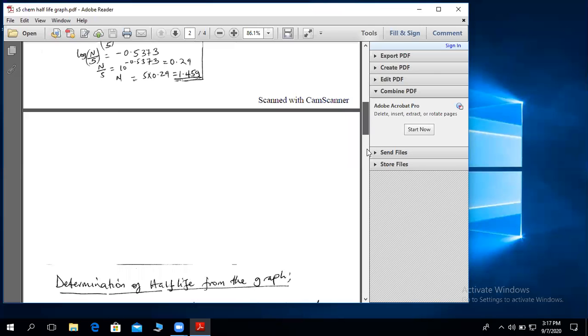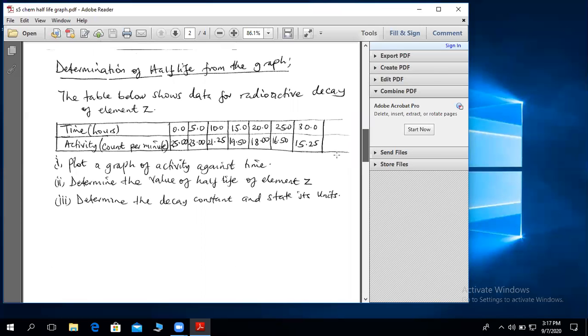Now, I had told you that we shall revise on how to determine the half-life of a radioactive substance from the graph. Say you have these values and you have been asked to plot a graph, and you plot a graph.